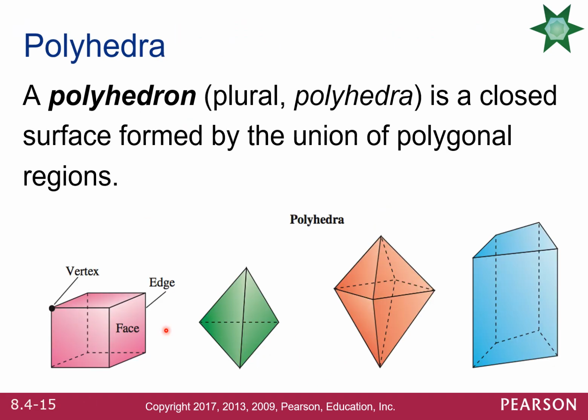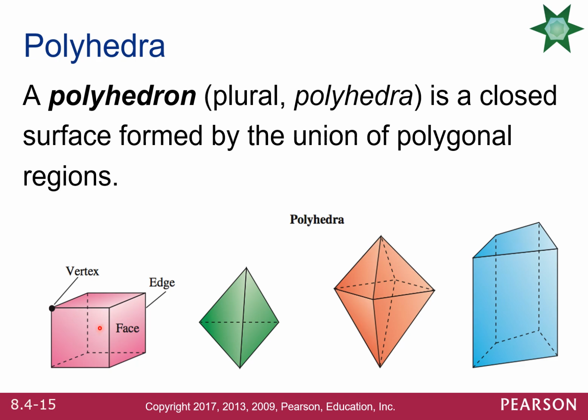Now we will talk about a more complex three-dimensional figure, which is a combination of other three-dimensional figures put together. They are called polyhedra, or a polyhedron for a single figure. It's a polyhedron, singular form, and the plural is polyhedra. It is a closed surface formed by the union of polygonal regions.